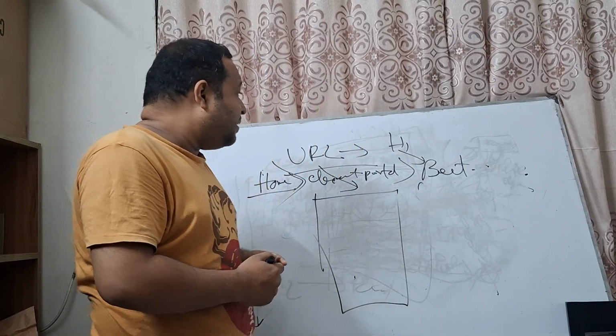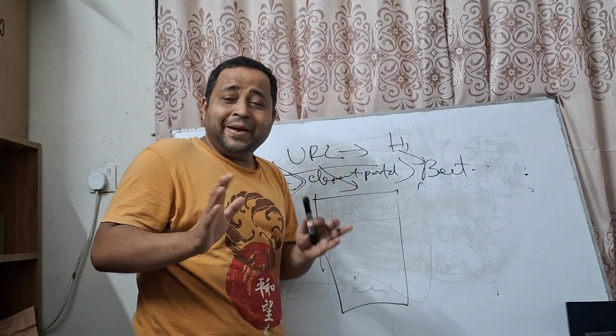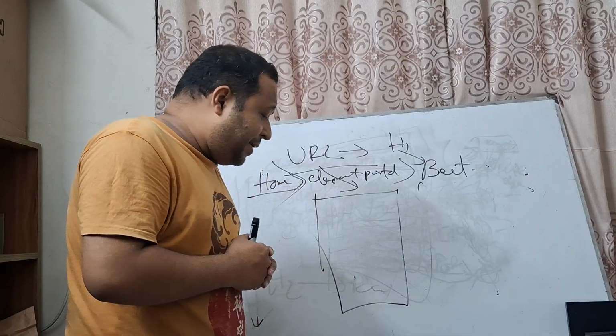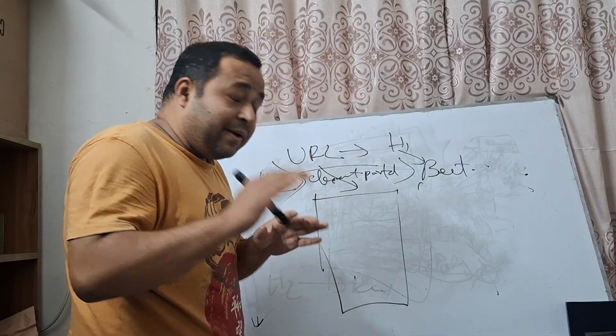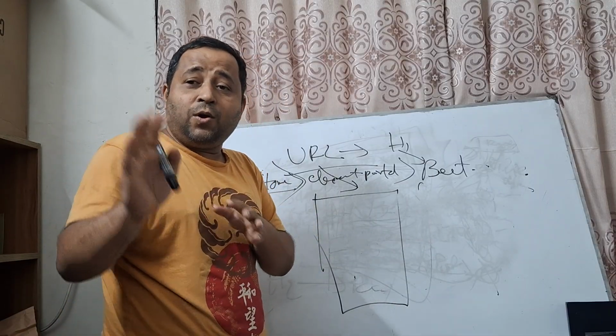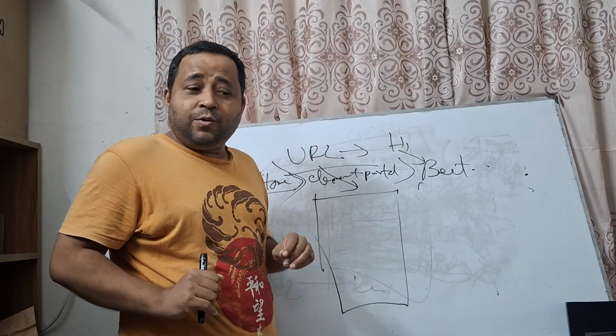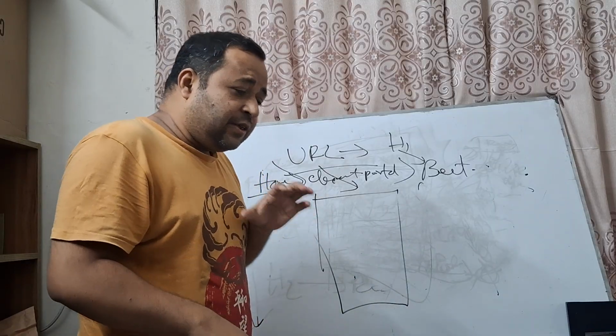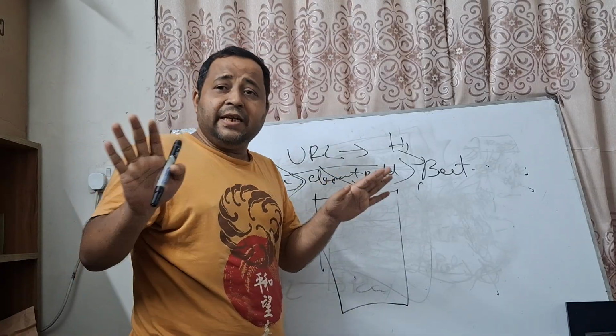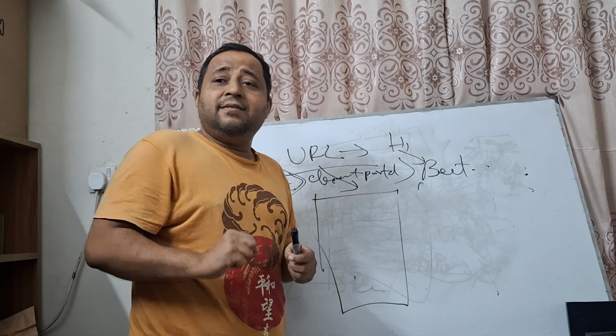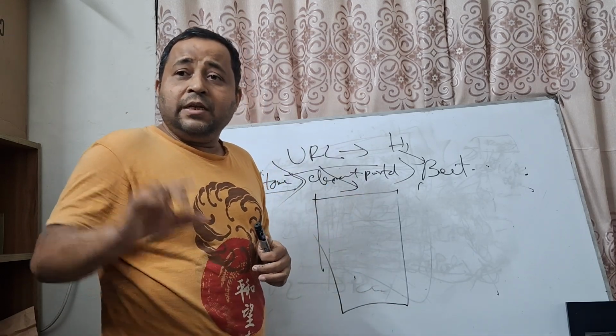Then comes the meta description. What do we do in the meta description? The meta description might not directly be a ranking factor anymore, but it gives the search engine a very clear idea what the content is based on.